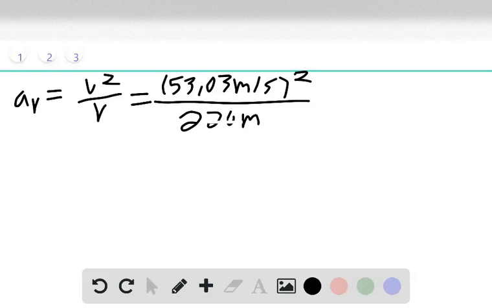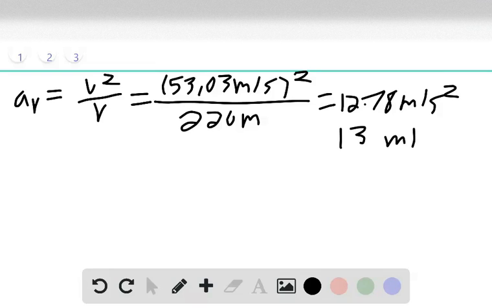And that gives us a radial acceleration of 12.78 meters per second squared, which we can equate to 13 meters per second squared. And that is a_R.